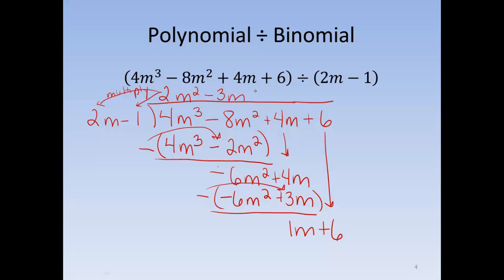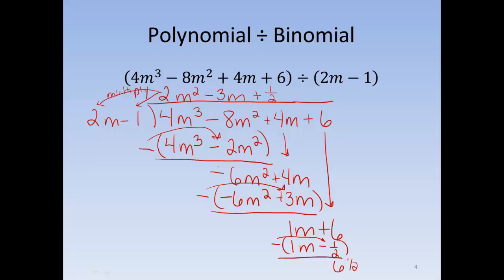I need to multiply by a half. So I put plus 1/2. Multiply. I get 1m minus 1/2. Subtract the whole thing. 6 minus a negative is going to get me 6.5.